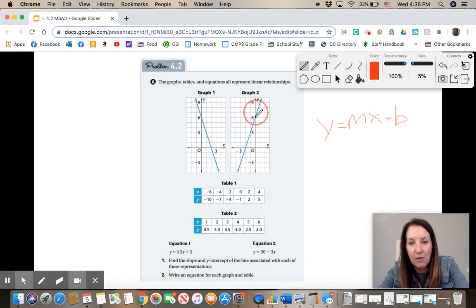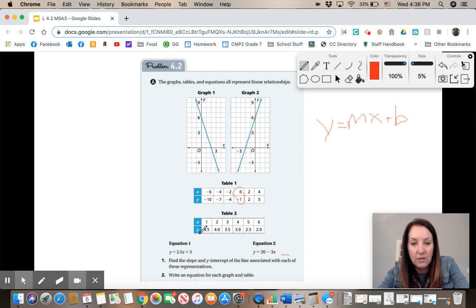So on the graph, you're finding the y-intercept by where the line crosses y. I'm sorry, I said in table, I meant in graph. In the table, the y-intercept is where x is 0, right? Because that's where it's crossing the y-axis. Okay, and what do you know if it doesn't have one listed? What is the y-intercept? 0.